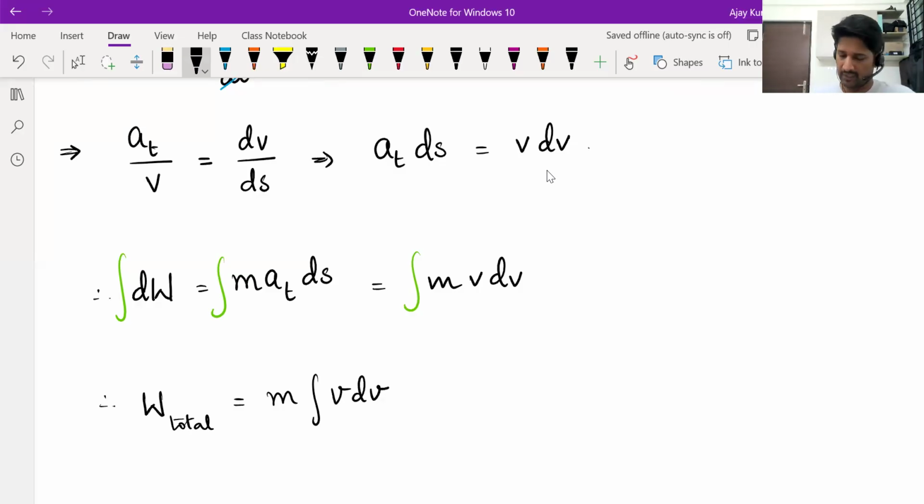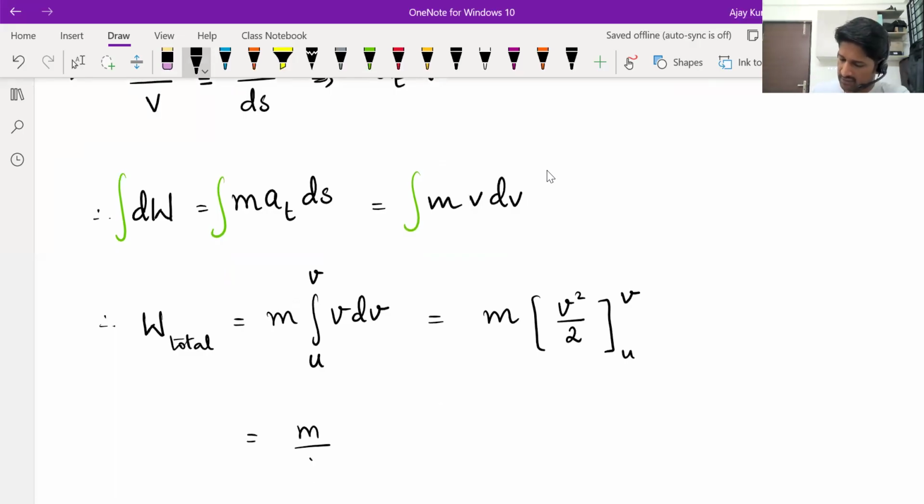You have to integrate its speed from initial speed to final speed. Can one of you tell me what is integral v dv, or integral x dx? v square by 2. Okay, and limits u to v if you take.